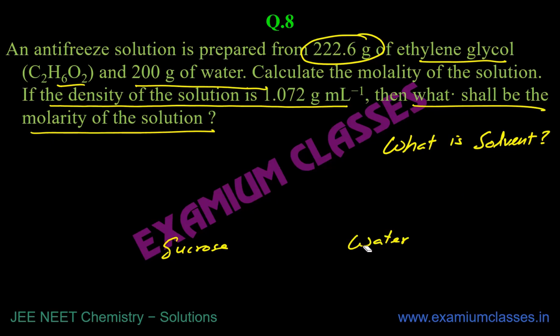Or you can say anything which is not water, might be carbon, simple carbon particles. And suppose you have 288 grams of carbon and 342 grams of sucrose. And if I consider the grams, you will say this one is solute, this one is solvent.